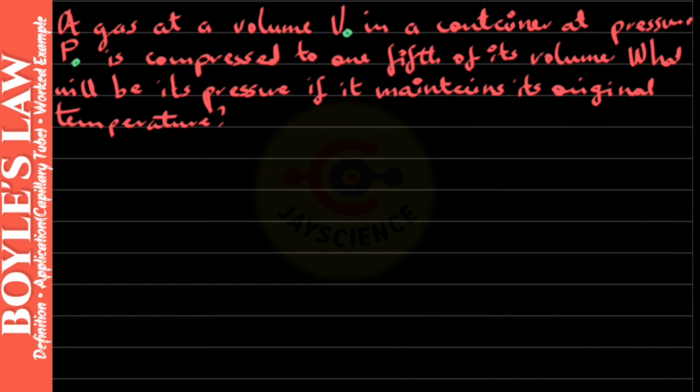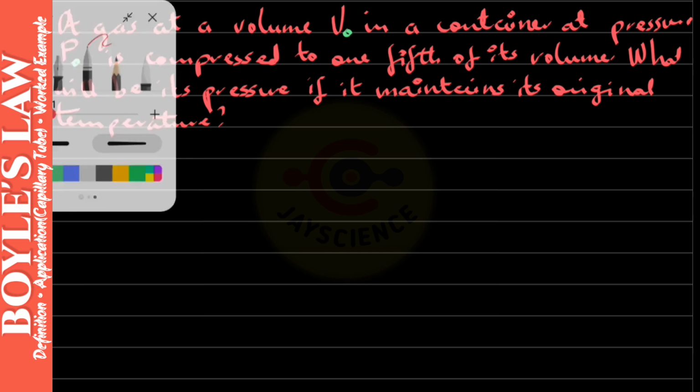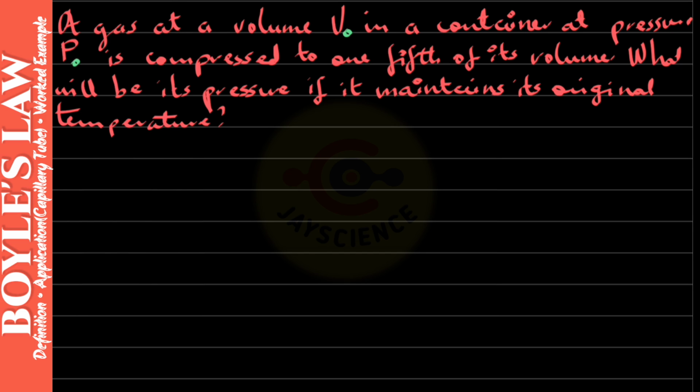On your screen here, the question says a gas at a volume V naught in a container at pressure P naught is compressed to 1/5 of its volume. What will be its pressure if it maintains its original temperature? So what we have to do is to list out what we have first from the question. So we have the initial volume, that's V naught.